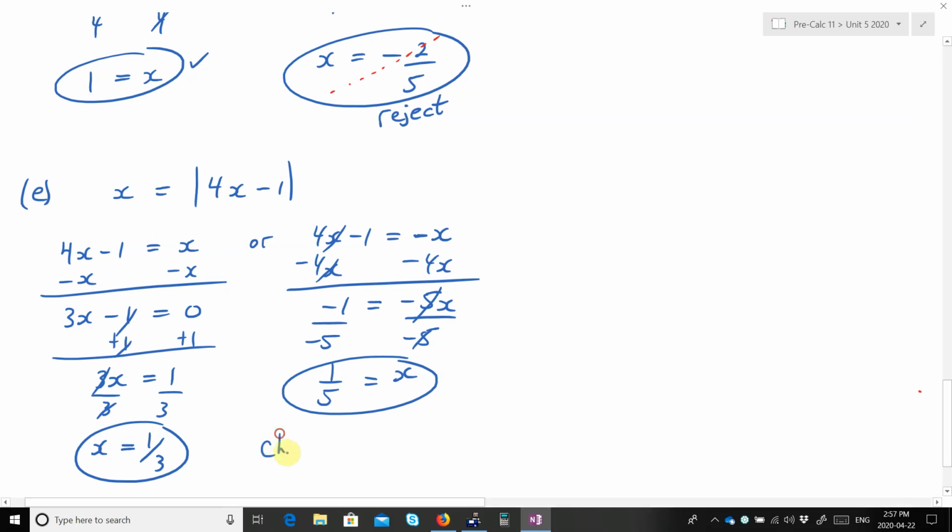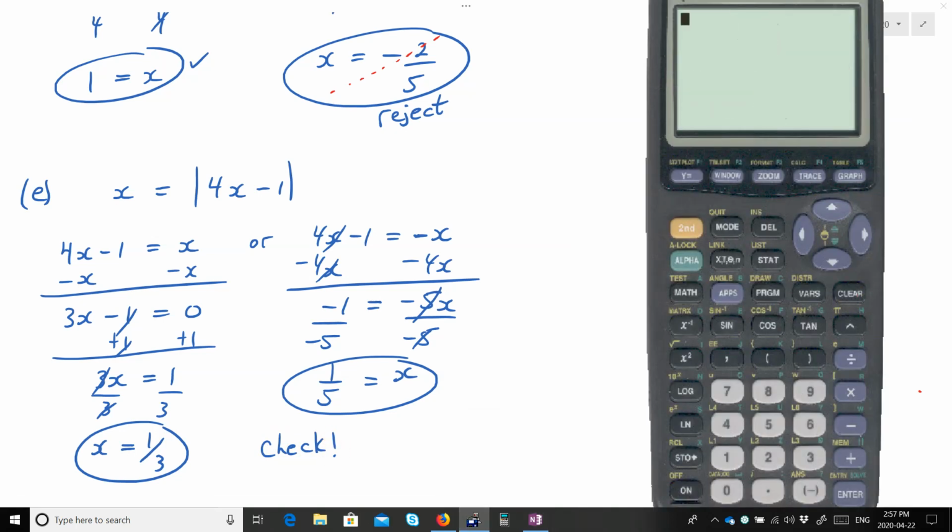Okay, I would encourage you to check, but on the surface to me they both look good, right? Now, if I do the absolute value of 4 times, let's check the 1 over 3 answer, minus 1, okay, that needs to be equal to x. That needs to be equal to 1/3 on the left-hand side, and it is equal to 1/3 when I fraction that, okay?